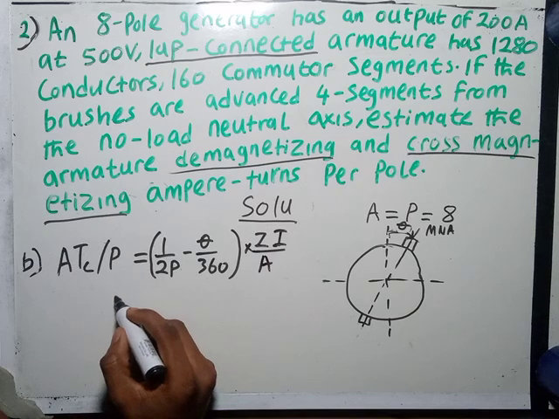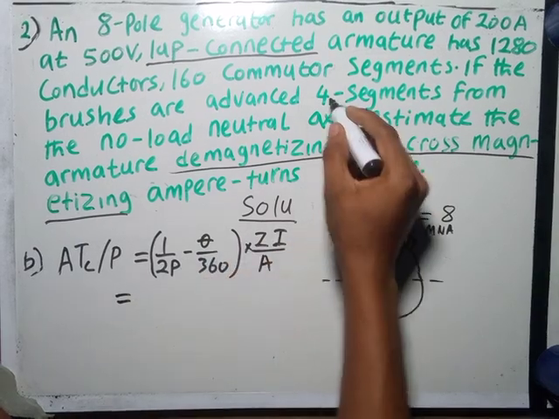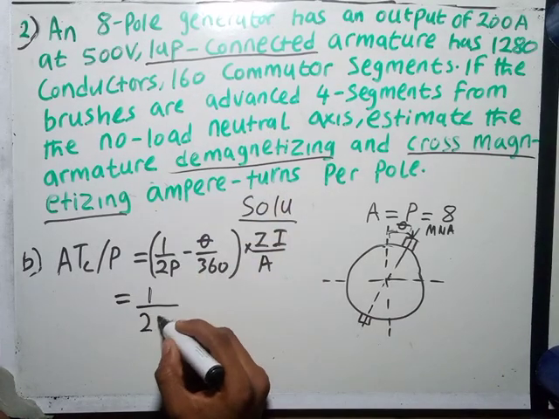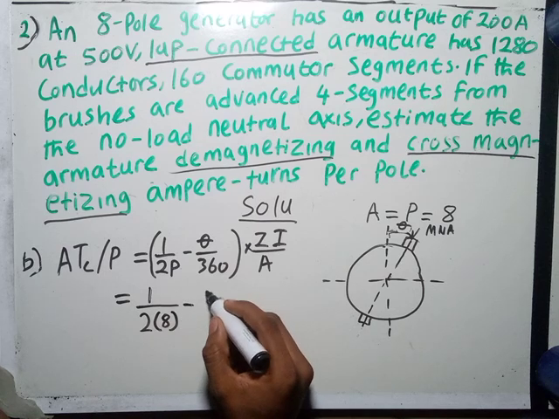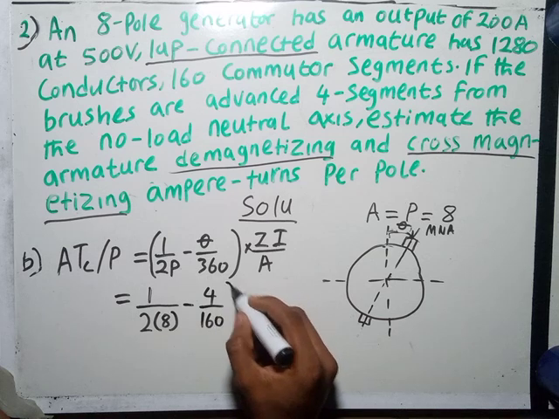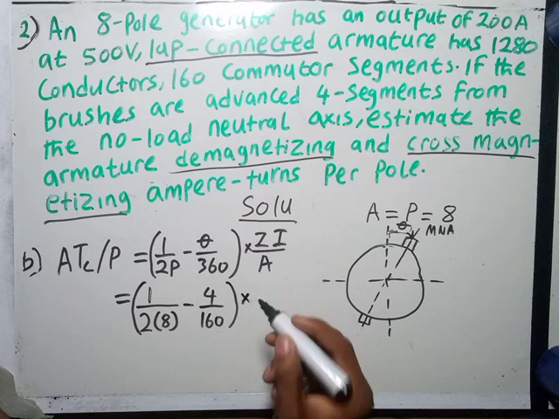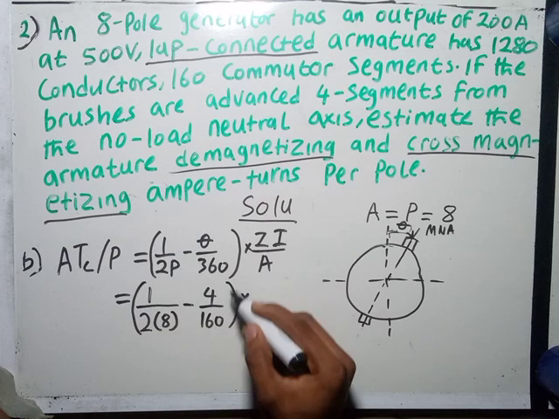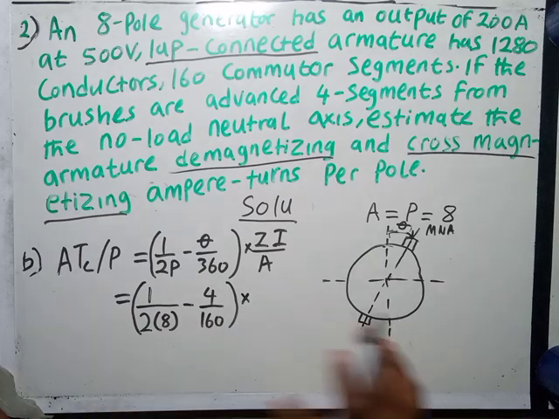Now, like we said earlier, we'll be replacing this ratio with 4 over 160. So we have 1 over 2, our number of poles is 8, minus 4 over 160 for this question, times. What I'm saying is that 360 being equal to 160 is not a constant thing.